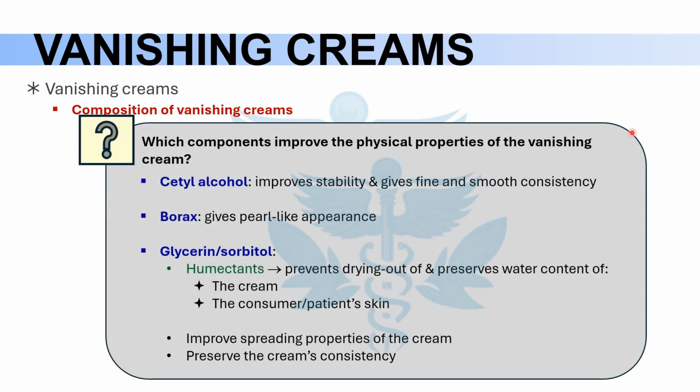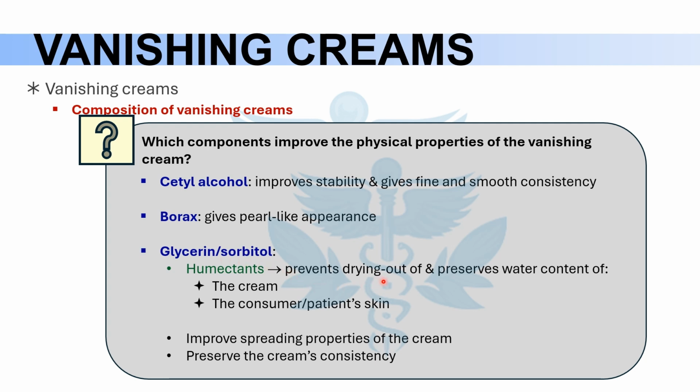How can we improve the physical properties of our vanishing cream? Well, there are certain components that we can add, like cetyl alcohol, borax, and glycerin or sorbitol. Cetyl alcohol improves stability and gives fine and smooth consistency to our cream. Borax gives the pearl-like appearance, and glycerin and sorbitol are used as humectants.